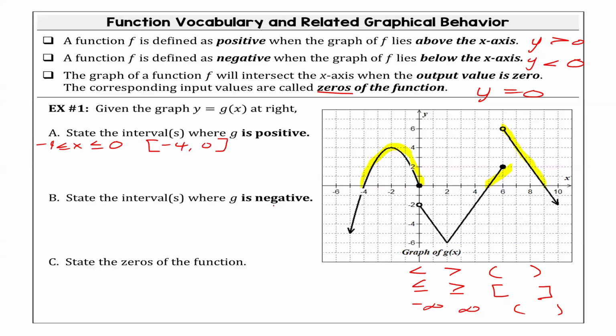Still with me? Our next positive interval is from 5 to 6. Because it's defined there, we are at 5 and we're at 6.